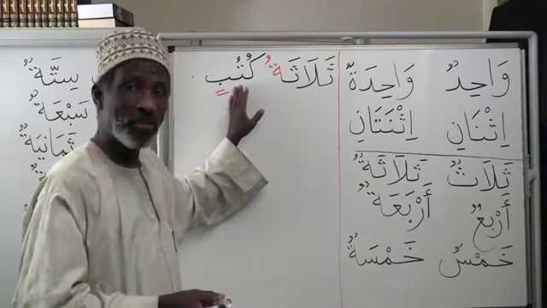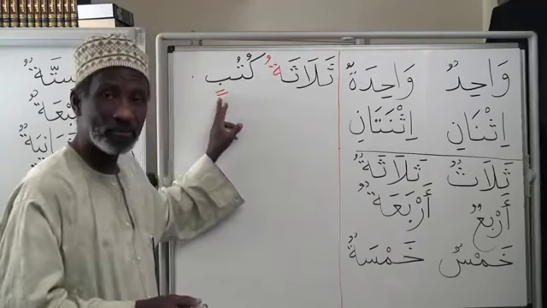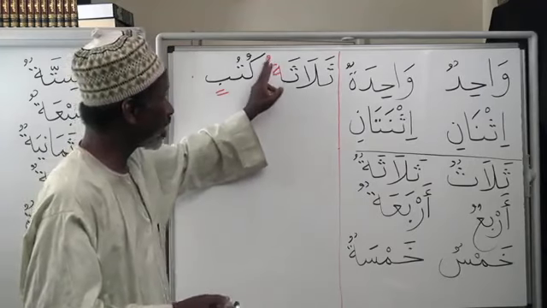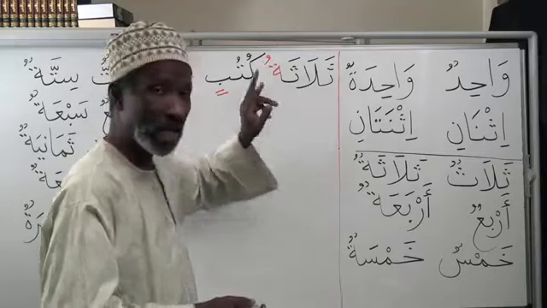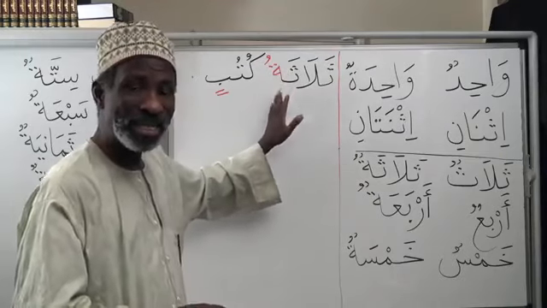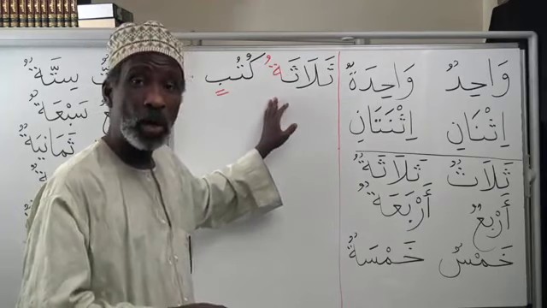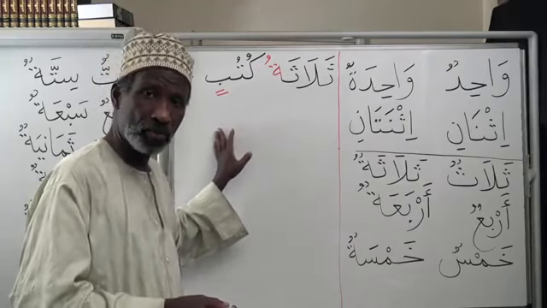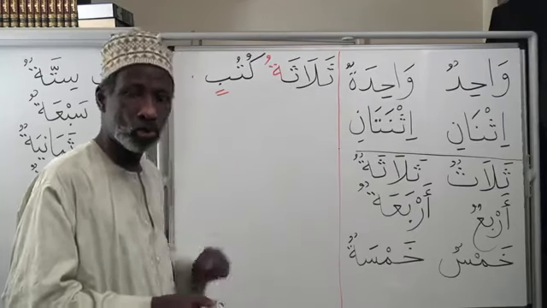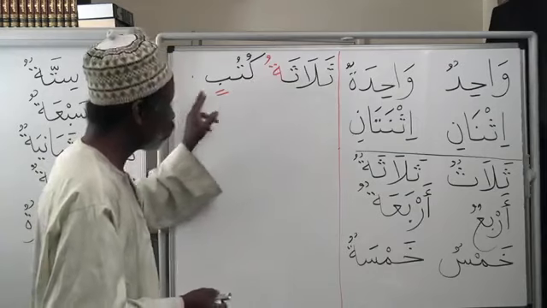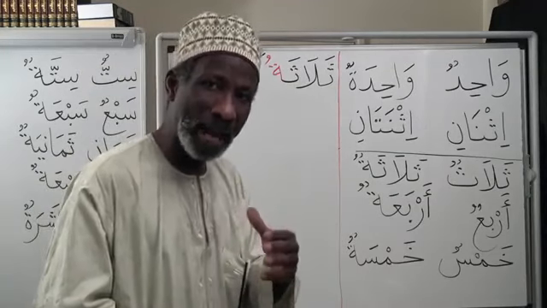The item that we are counting is in plural format and it has 2 kesra. Thalathatu kutubin. The reason we are using this u, single, is because it is regarded as defined. Because this is what you call possessive construction. We are attributing number 3 to books. So thalathatu kutubin.